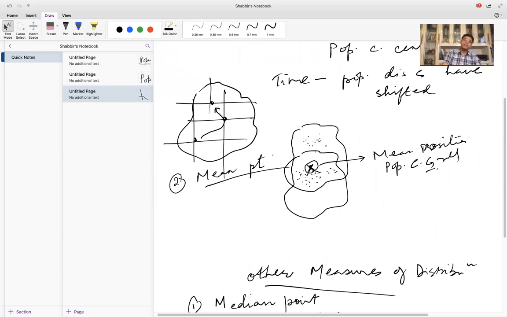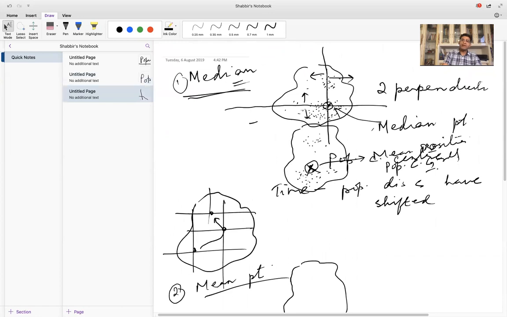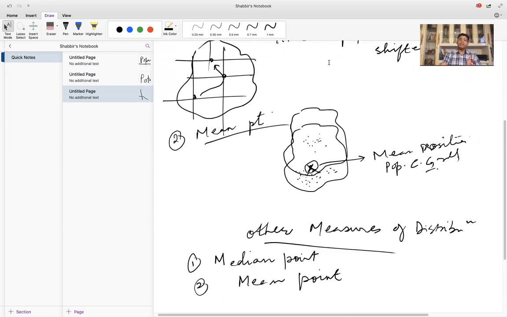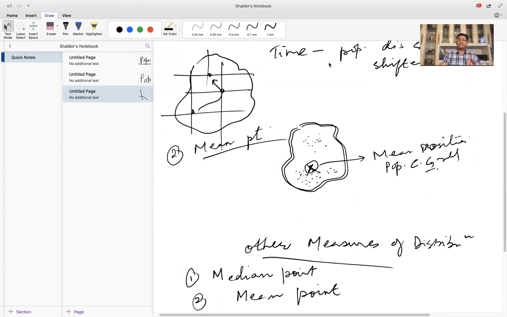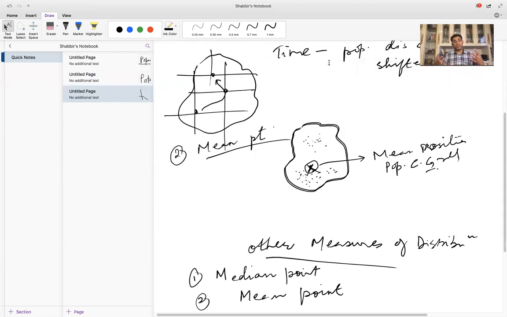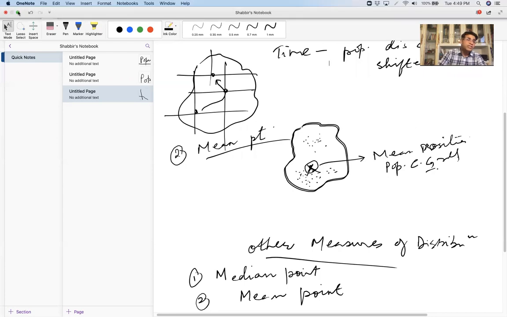One is the median measure, where I'm trying to find out the center around which the population is clustered. And the second being the mean method, which is something like the center of gravity of a distribution, about which that particular region can be balanced. And each of these has its own merits and demerits. So that's about population distribution.